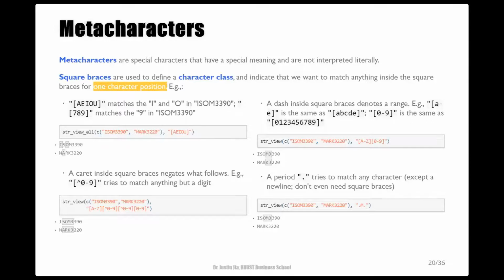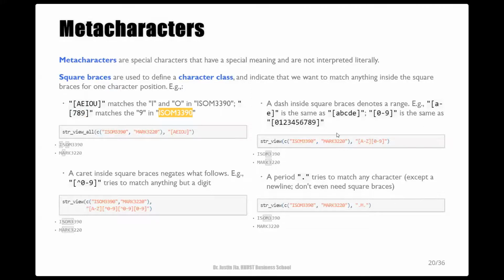In other words, these characters are alternatives to one another for a character position in a target string. So the capital AEIOU enclosed in square braces matches I and O in this course code. And 789 enclosed in square braces matches 9 in this course code.